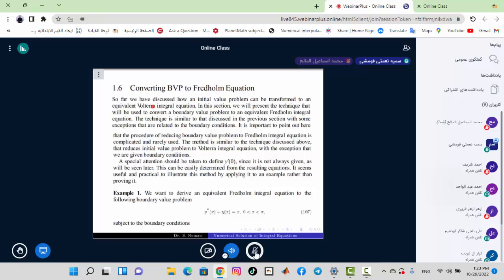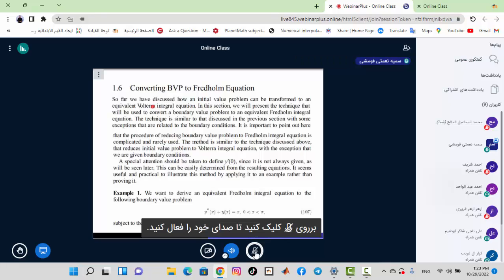Okay, as we mentioned, we have transformed an initial value problem to a Volterra integral equation, and also we transformed a Volterra integral equation to initial value problems.